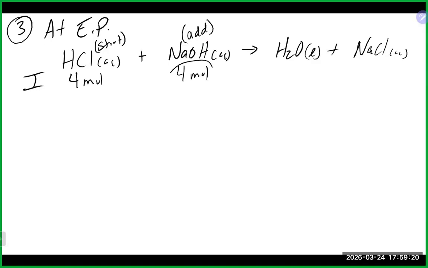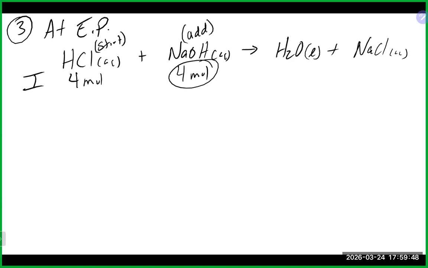Now, this right here is something that you may need to figure out. And what you may need to figure out is how much volume to reach the equivalence point. Sometimes they don't tell you that. They just say, what is the pH at the equivalence point? So there are a couple different ways you could figure out the volume to reach the equivalence point. Perhaps the easiest way would be if it's a one-to-one relationship between the acid and base.